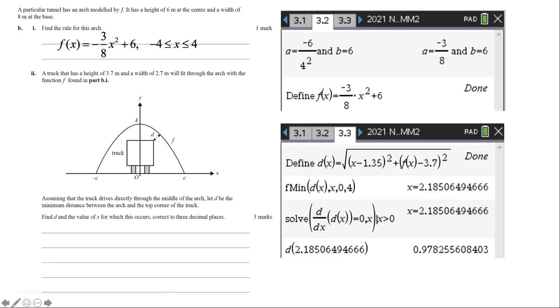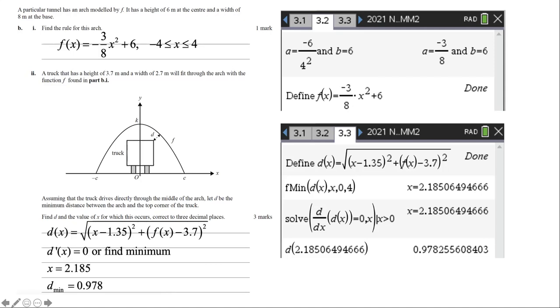And the minimum length is 0.978255, etc. Correct to 3 decimal places, I write the answers as 2.185, 0.978.